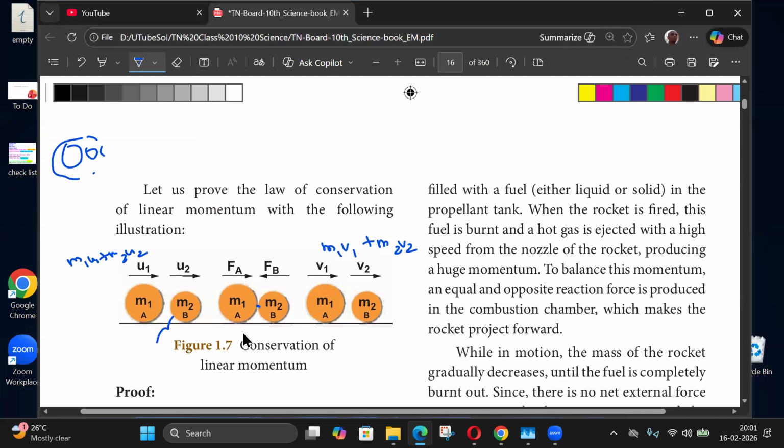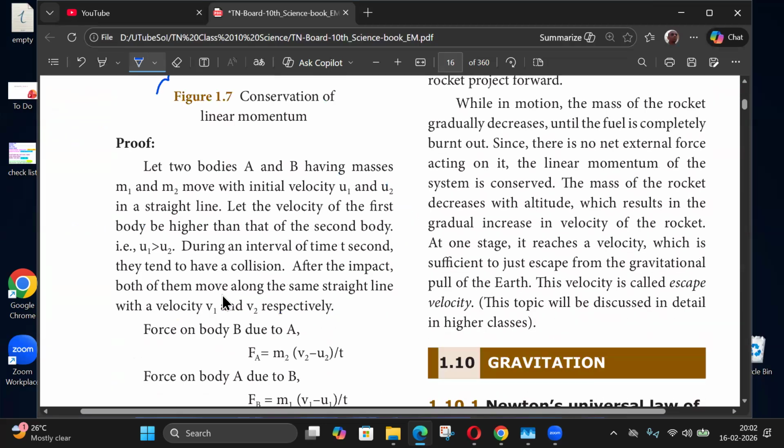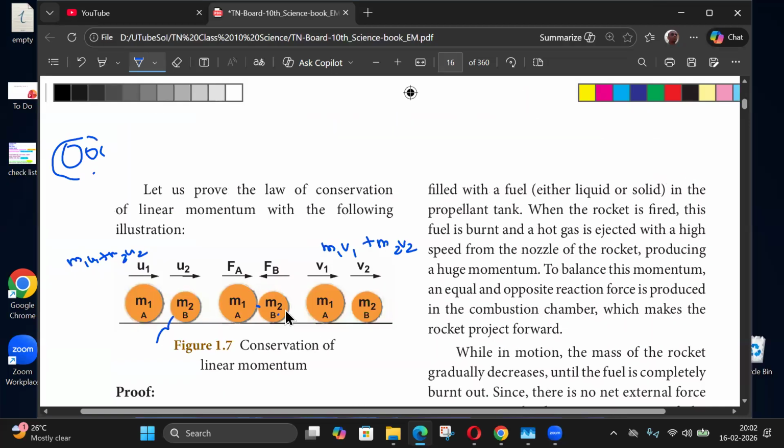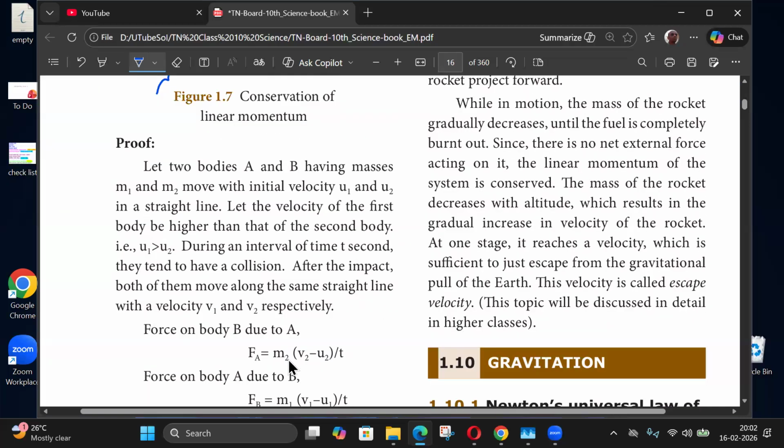Whatever this interaction force, the force acting on this one, M1, is FB. The force acting on B is FA.